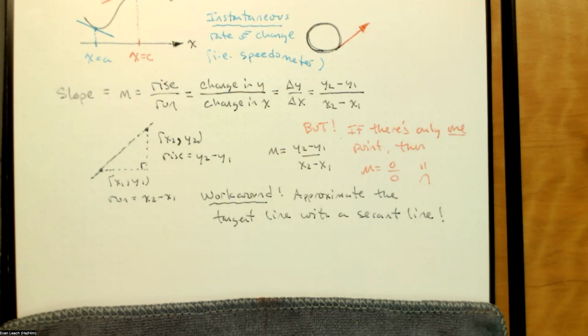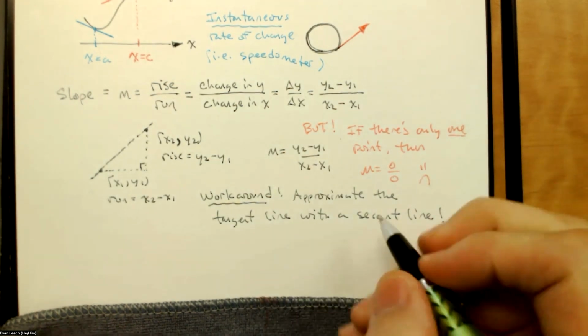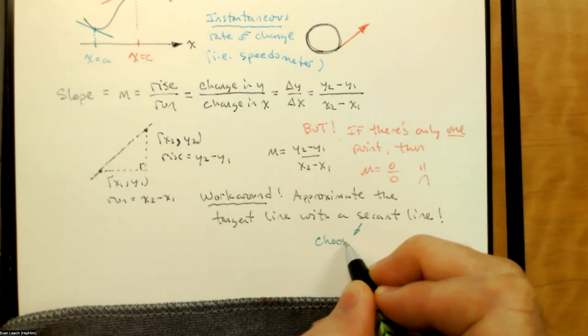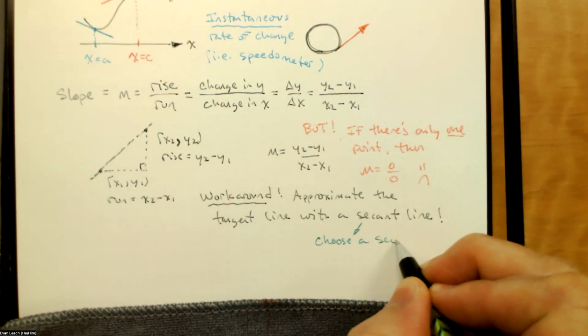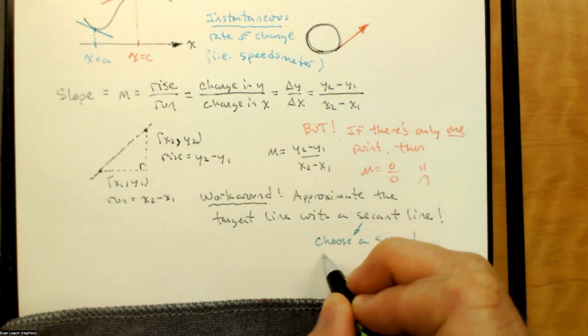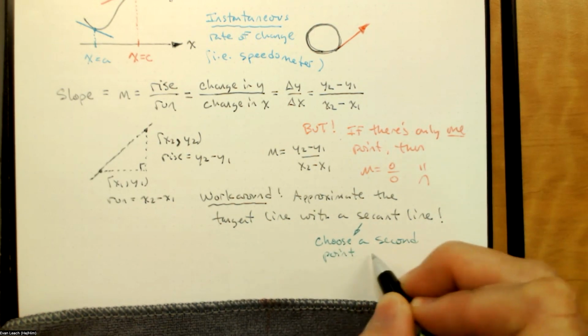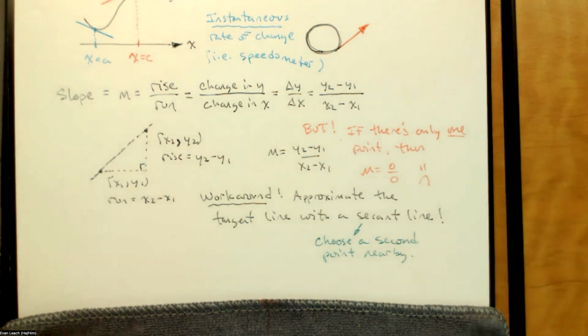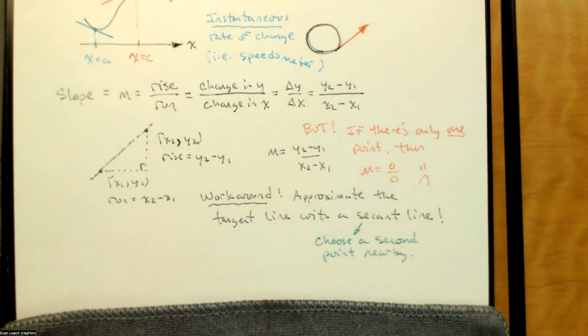I can make that happen. So I'm picking a second point. Our strategy is to choose a second point that's nearby, and then make an approximation of the tangent line.